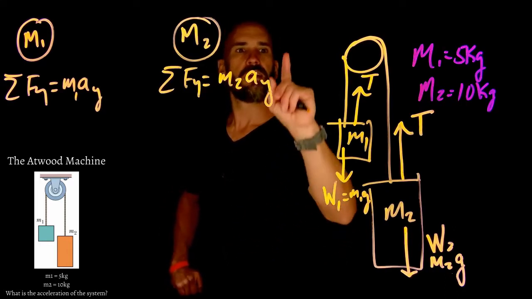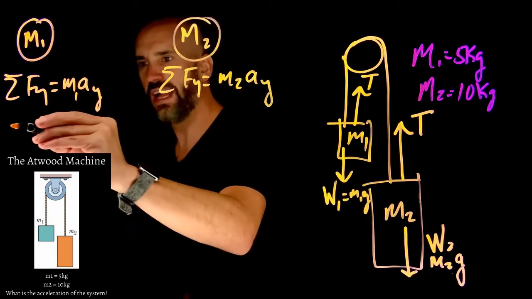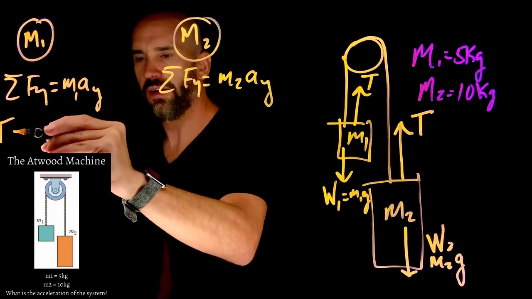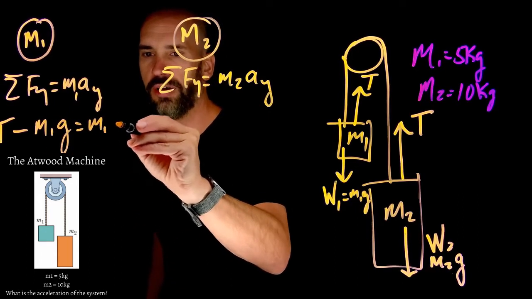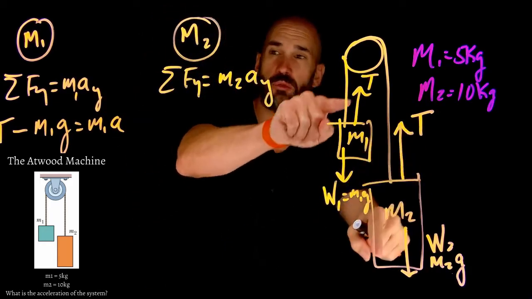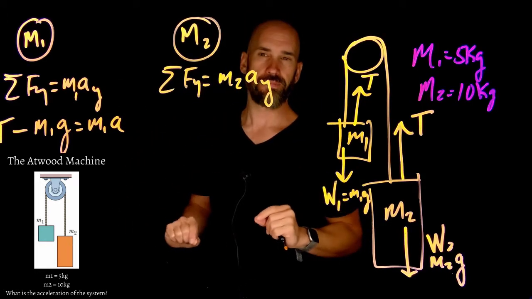All right. Starting with our summation of forces on M1. Well, we know we have tension pulling up, right? And we have weight going down, so T minus M1G equals M1A. I'm just going to call it A because these are the same acceleration. These are connected by the same rope, so A, the magnitude of the acceleration, has to be the same. Okay?